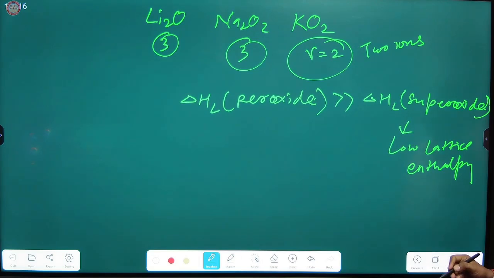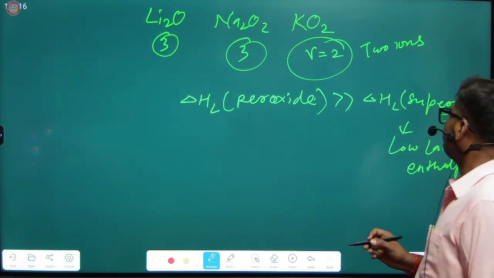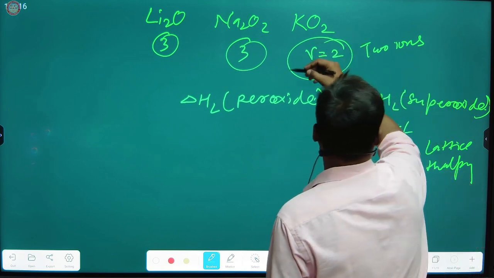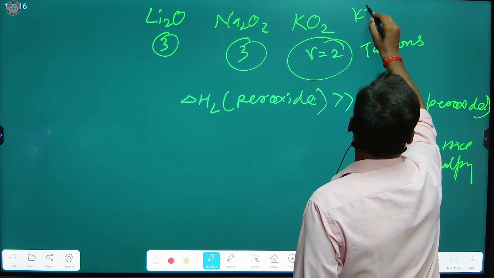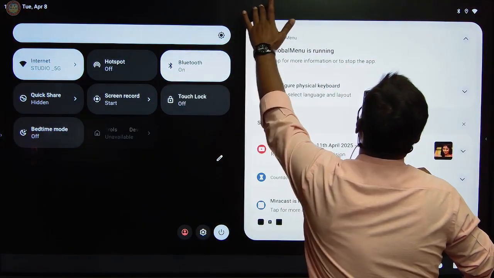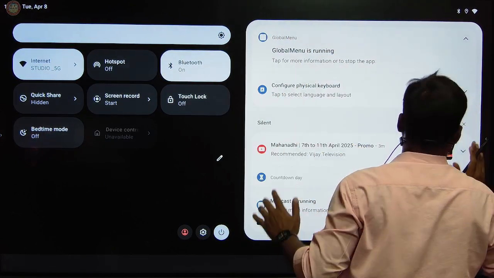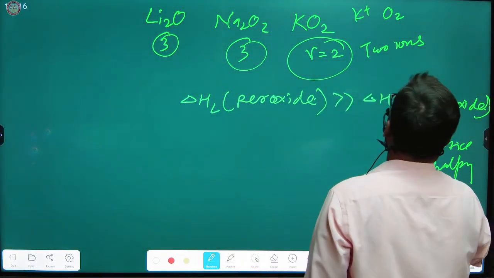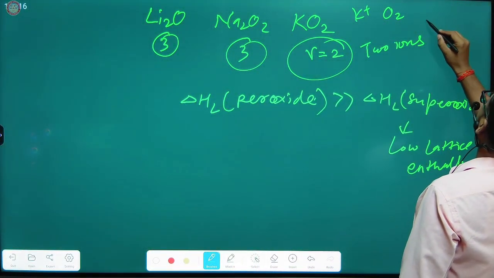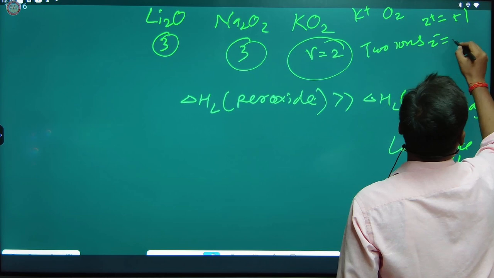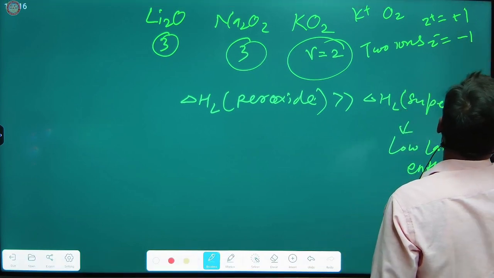So what is the beauty of this superoxide? Here K plus and O2 minus. It means Z plus is equal to plus 1 and Z minus is equal to minus 1.